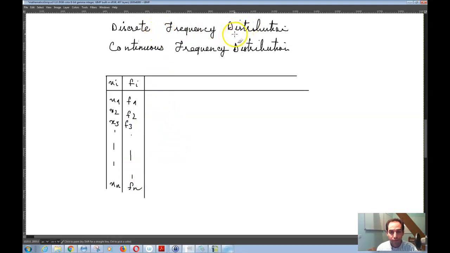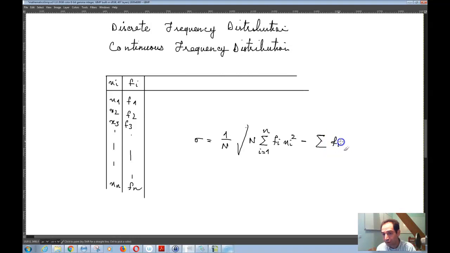And then, for example, if you want to calculate sigma, then sigma, as you know, is equal to 1 over n times the square root of n times sigma f of i times x of i squared, as i goes from 1 to n, minus sigma of f of i, x of i, as i goes from 1 to n, and you raise this to the second power, take the square root of this whole thing, and that becomes your sigma.